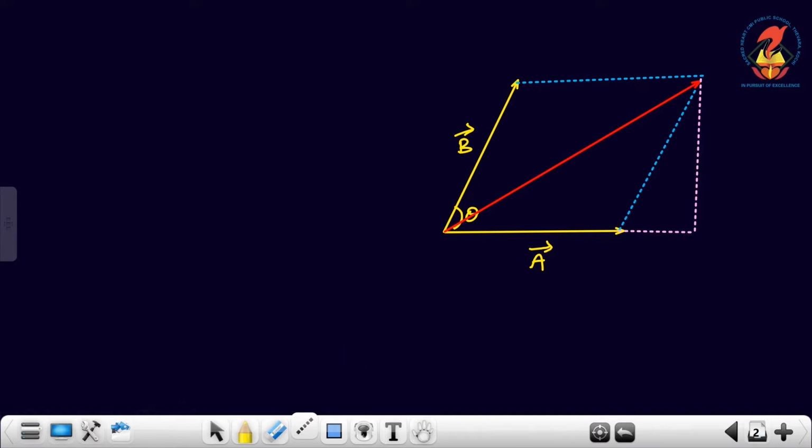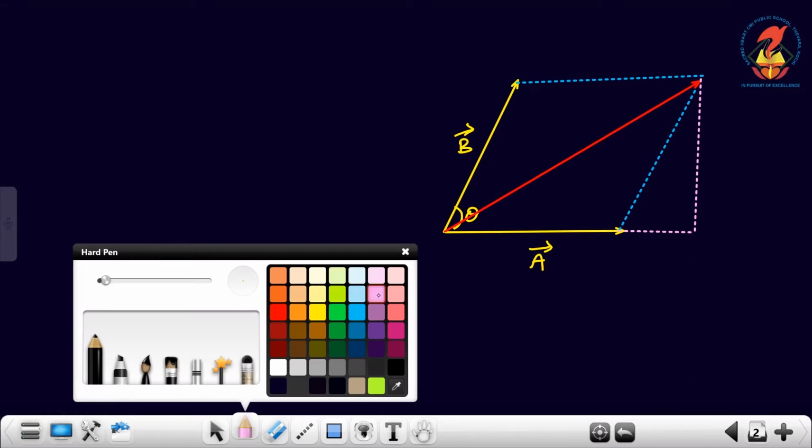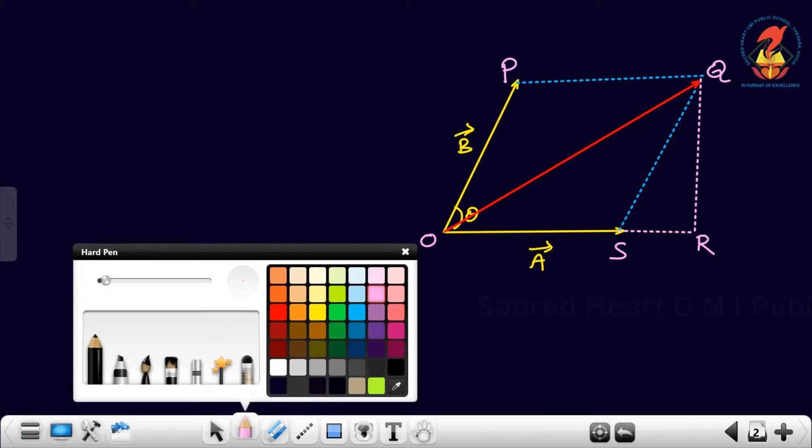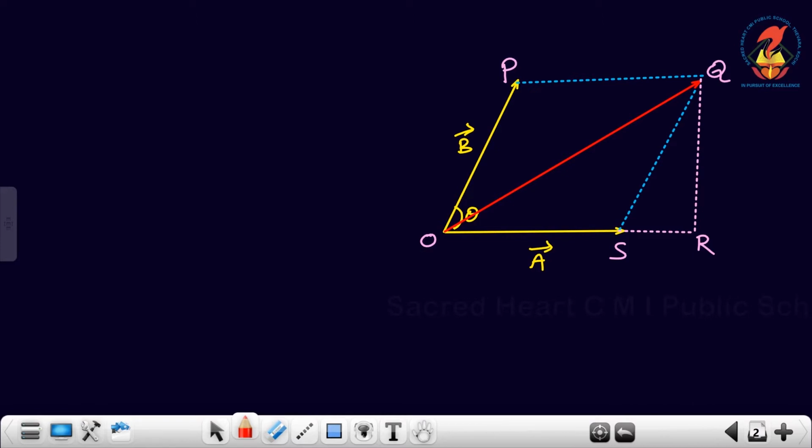Now, let us see, I give the labels as O, P, Q, R, S. The angle between the resultant vector and the first vector is named as alpha.